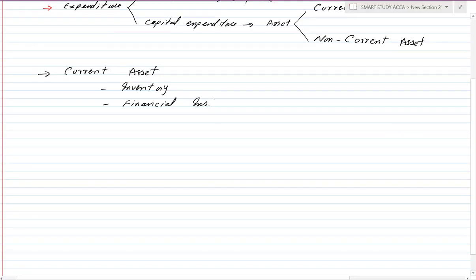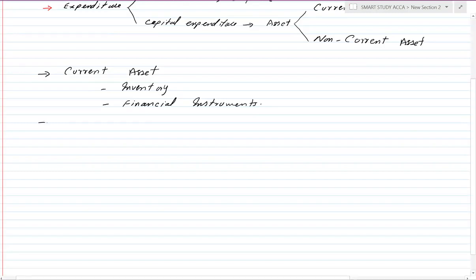Financial instruments contain financial assets as well as financial liabilities. And apart from financial assets and financial liabilities, financial instruments also contain equity instruments. So anyways, we will cover current assets in the topic of financial instruments as well.